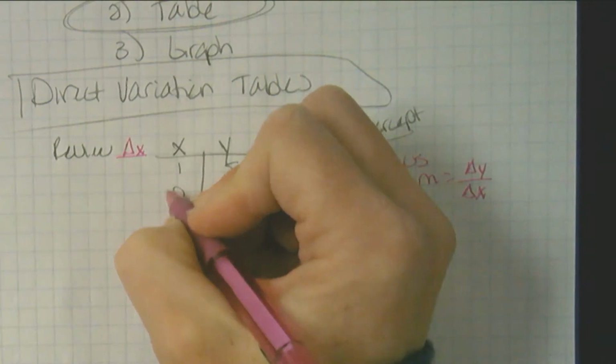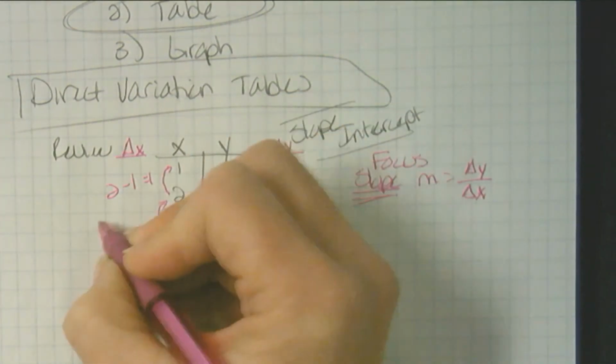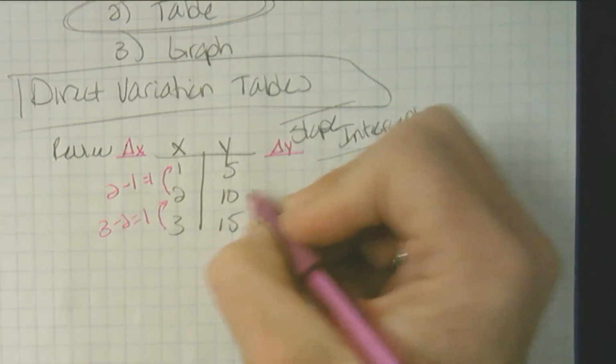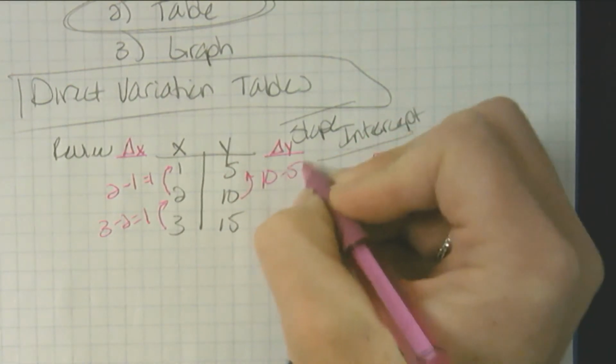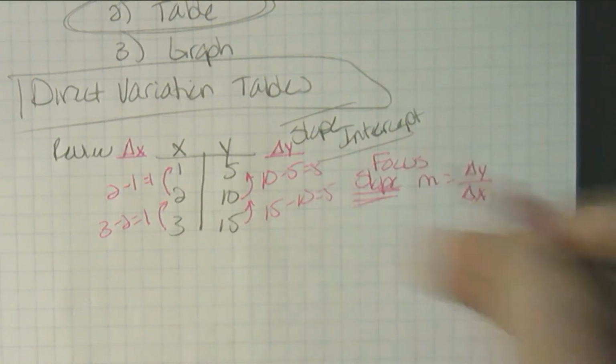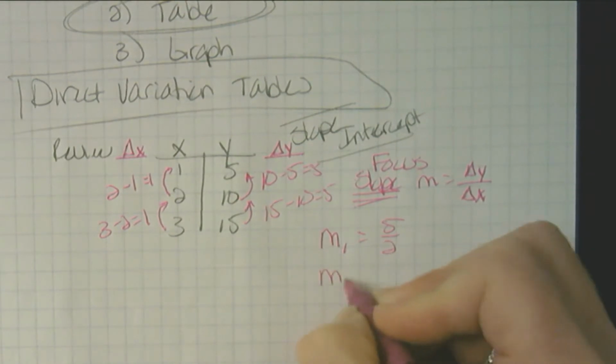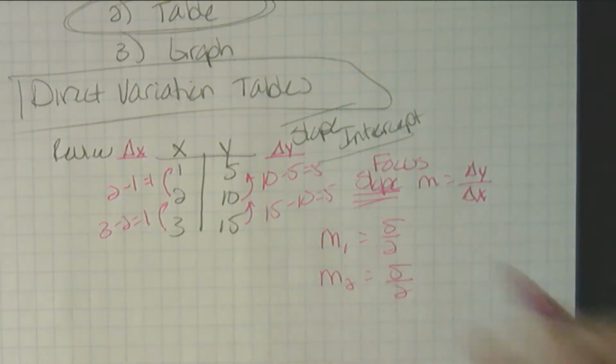Right? So we would do like 2 minus 1 is equal to 1, 3 minus 2 equals 1, 10 minus 5 equals 5, and we're going to keep going. So my first slope is going to be 5 over 2. My second slope is 5 over 2.